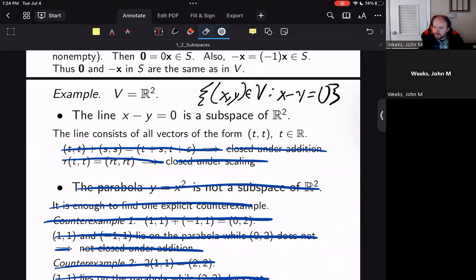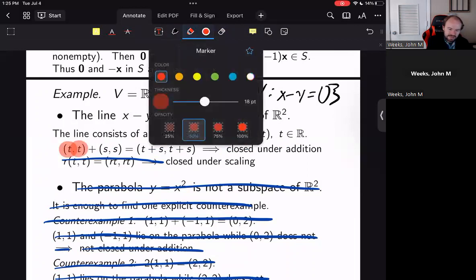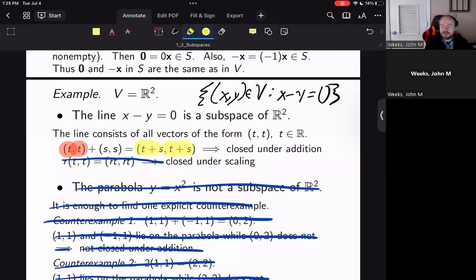Well, is this space not empty? That's the first place to start. Is it not empty? Well, yes. I can just plug in t equals 0. That gives me 0, 0. It's my 0 vector, in fact. What else? I can add two of these things together and look at what I get. If I add two things where the first and second components are the same, then I get something where the first and second components are the same. That's exactly what it means to be a subspace.